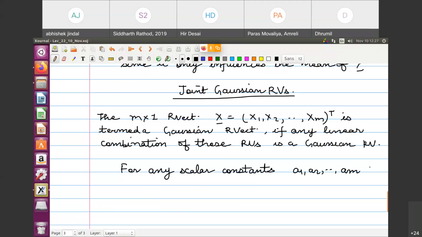The random variable, which I should write as capital Y instead of small because otherwise it will lead to confusion, is Y equal to a1 x1 plus a2 x2 plus up to am xm. This is a random variable, and it is Gaussian.